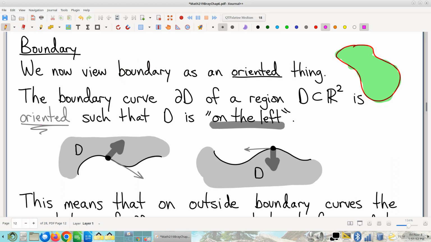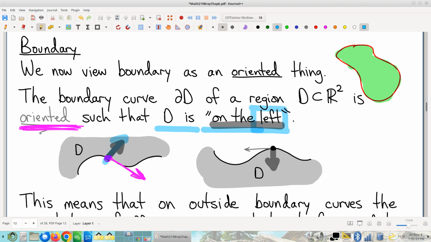The orientation says wherever I might happen to be on a piece of the boundary of some set. Now I just zoomed in on what would appear to be the bottom part of some region D here, and you can see part of the boundary, this curve right here. If you're at that point, the orientation says which direction do you need to go so that the region is on the left.